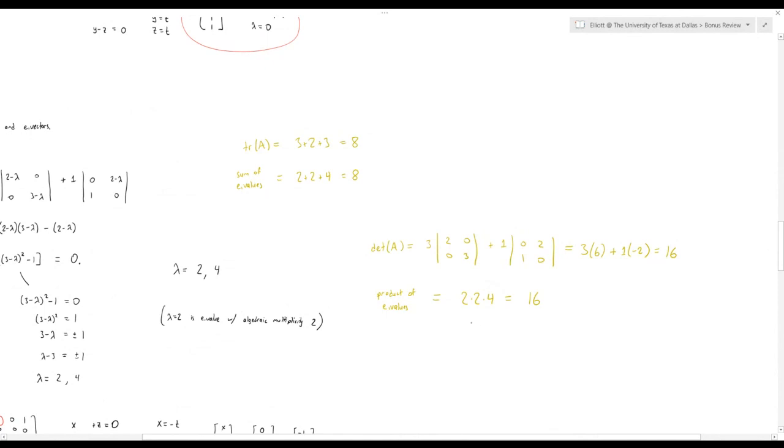Okay. Yeah, so for the eigenvalues, if they are repeated, then in these cases where you're thinking about the sum and the product to match the trace and determinant, you have to include the multiplicity, if you will.